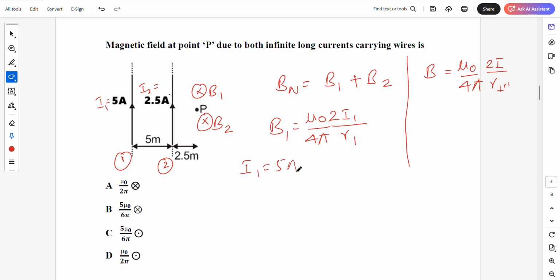I1 is 5 amperes. R1 is the perpendicular distance from P, 5 plus 2.5, that is equal to 7.5 meter.